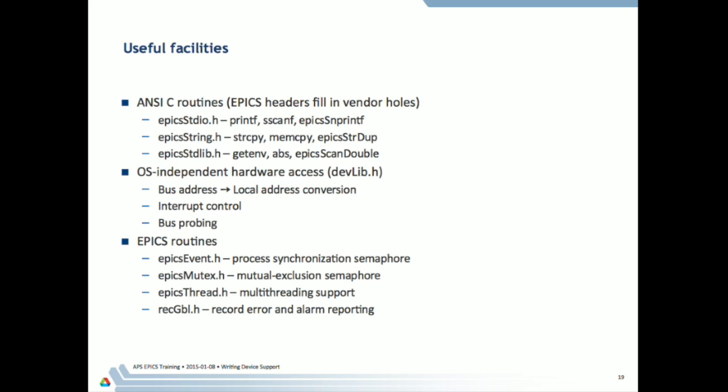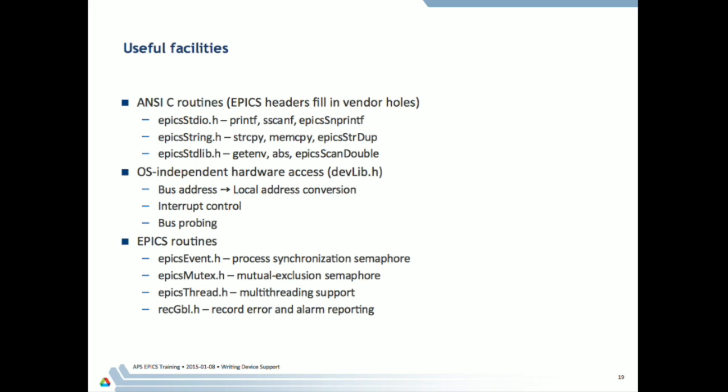And there are places that have Linux VME interfaces, so you can actually plug a PCI card into your PC and connect it to a VME master module and do VME IO from Linux. So if you use devLib, you have the ability to access those kinds of things without changing the code. So there's a good reason to use devLib if you can. It means that other people can also take your code and use it in environments where you weren't expecting it to work.